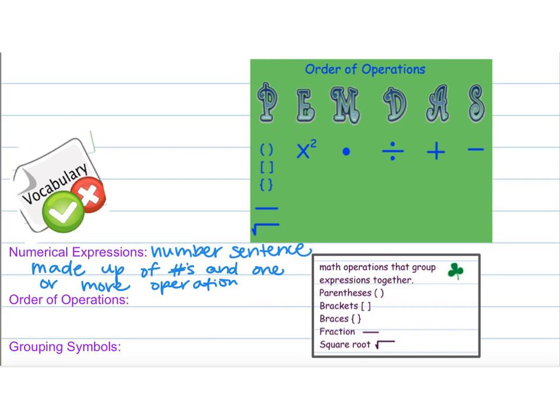Okay, so something like 10 times 8. That's a numerical expression. Or it could be more with lots of operations in it, but it has to have at least one operation and two numbers.